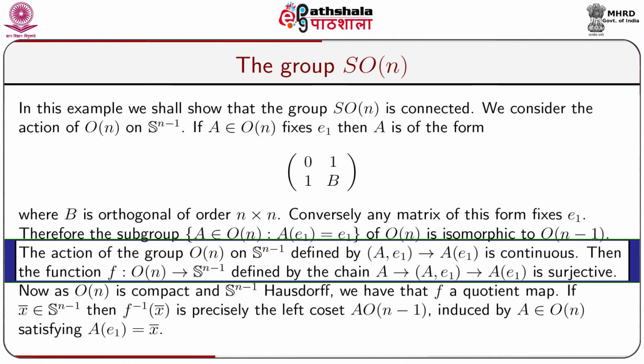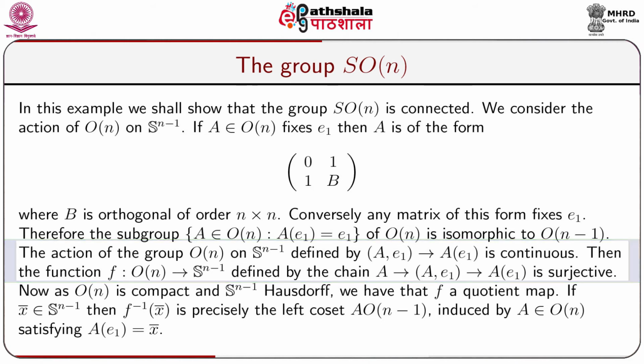The action of the group O(n) on S^(n-1) defined by A, e1 goes to A(e1), is continuous. Then the function f from O(n) to S^(n-1) defined by the rule A goes to A(e1) is surjective.